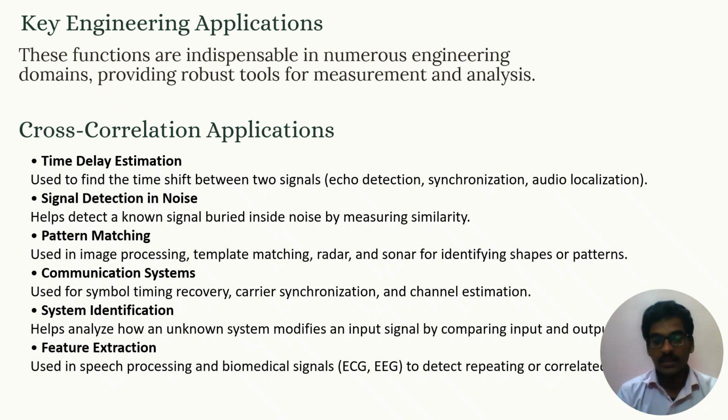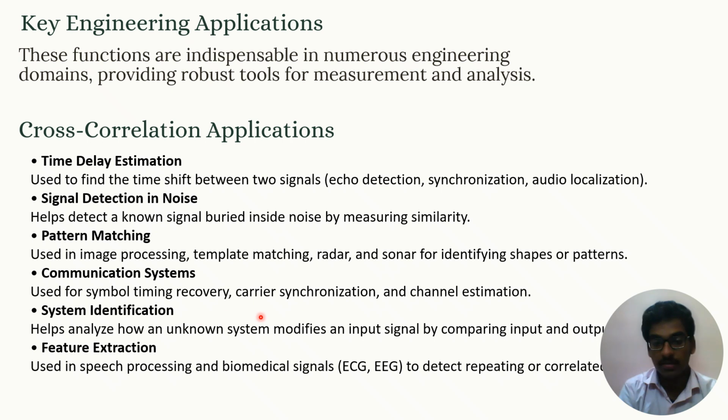Cross correlation is used in time delay estimation, such as finding echoes or synchronizing signals. It helps detect known signals in noisy environments because similarity stands out even when noise is present. It's used in image matching also. We can see here it is used in pattern matching.